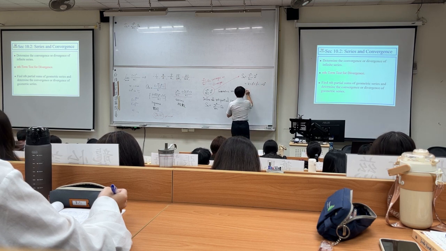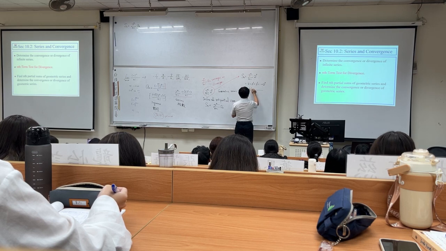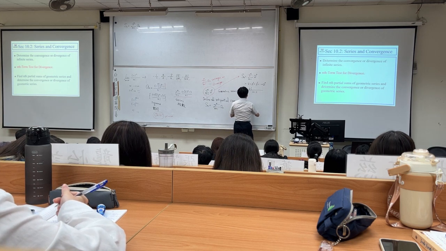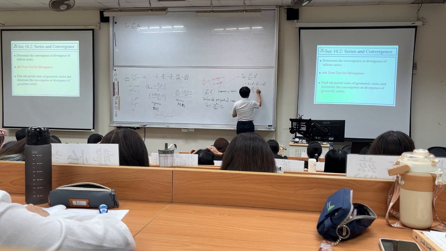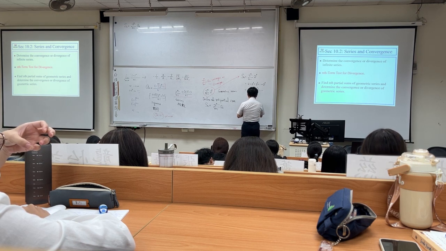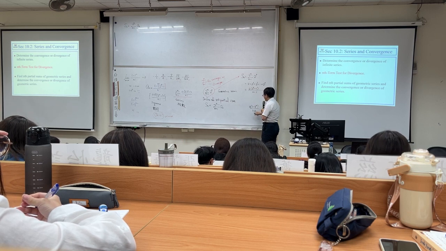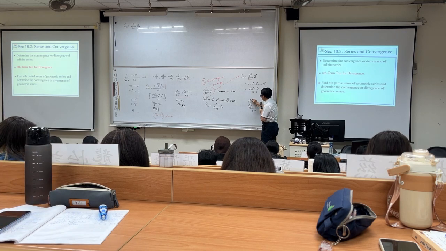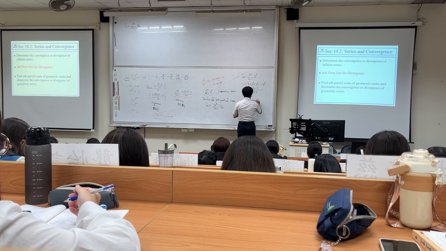And this will be equal to basically this kind of term: the first term times 1 minus the ratio to the n's power, over 1 minus the ratio.